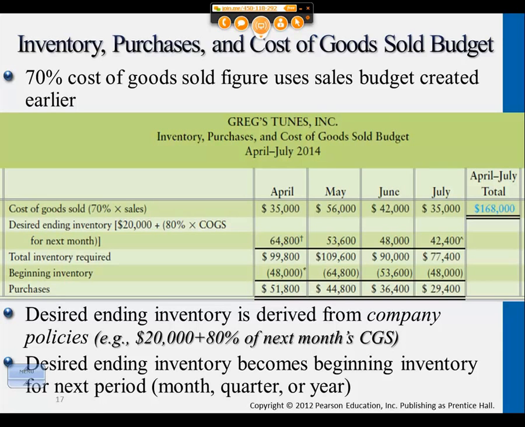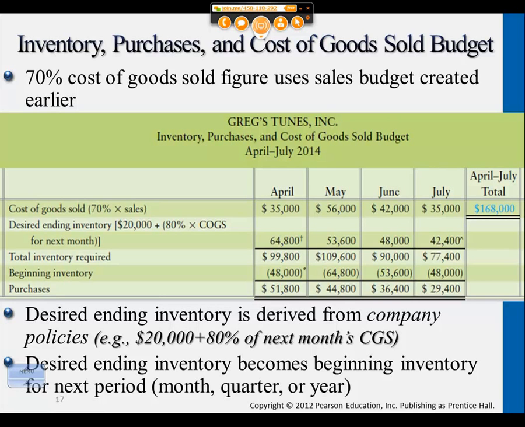Here it's 20,000 plus 80% of the cost of goods sold for the next month. How did I get that? That desired inventory is something you derive from the company policy. If the company's policy states that you add $20,000 to 80% of the next month's cost of goods sold, that's what you do.